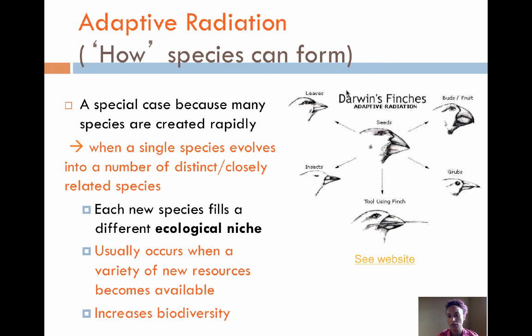One special way that species can form is through something called adaptive radiation. Now, think about radiation as any time you have something starting from one point and it spreads outwards in all directions. Darwin saw this when he was looking at those finches in the Galapagos. Remember we talked about the different beaks and so on, but that all the finches were really closely related. Well, we had those original finches, and since they started to spread to other islands around that original population, they all started to change really quickly because of the varying environments that we found there, and also because they had different food sources.